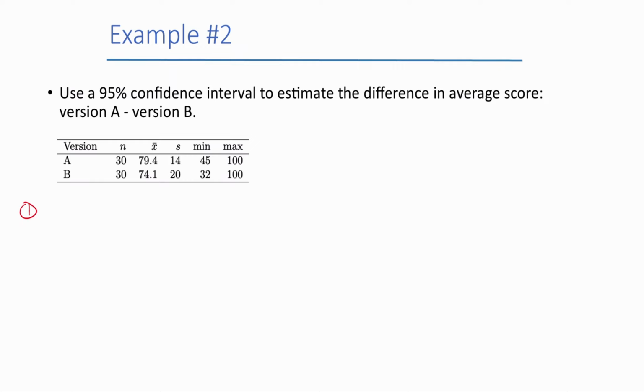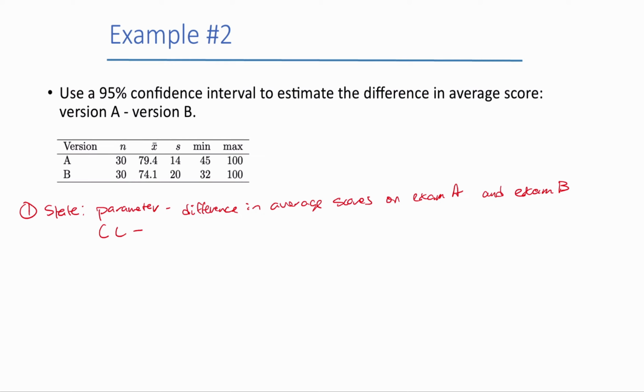So, state the parameter: it is going to be the difference in average score on exam A and exam B. Our confidence level is going to be 95%.